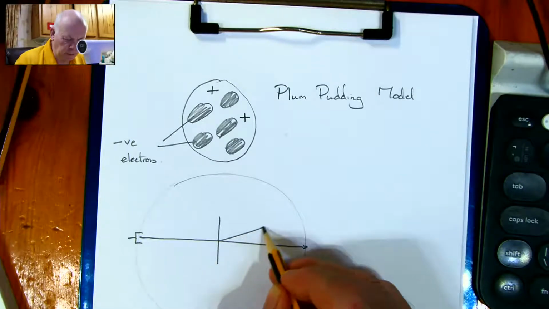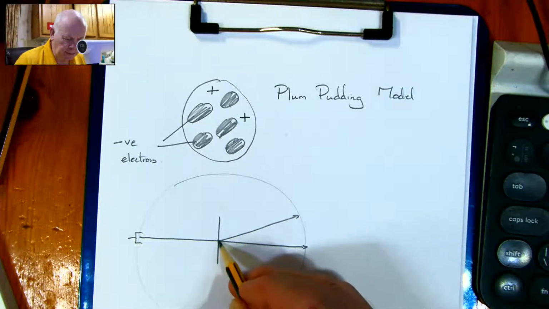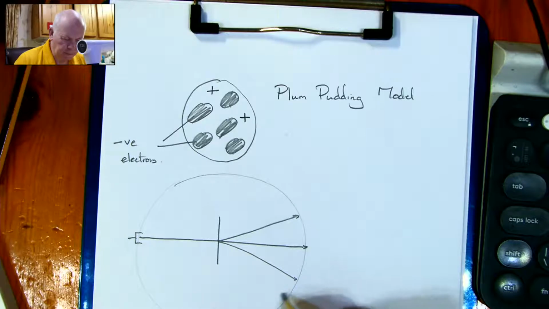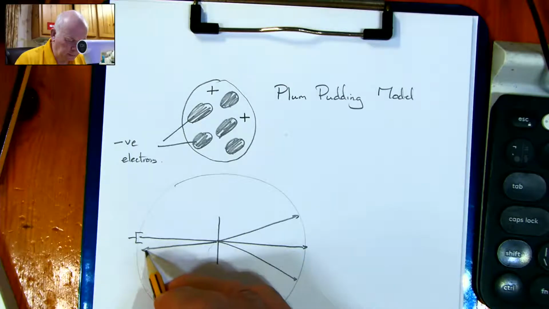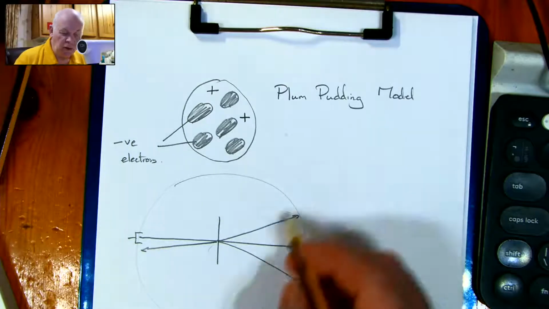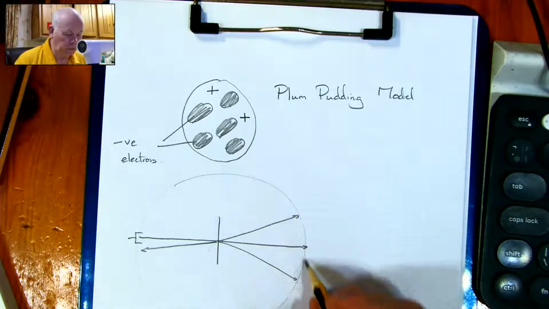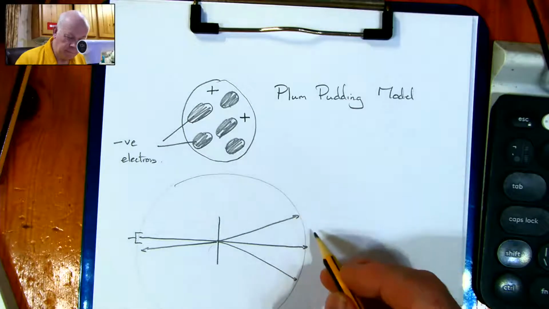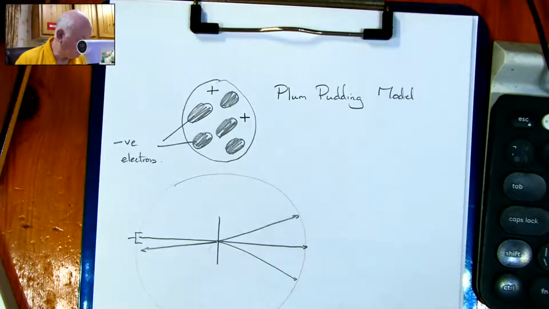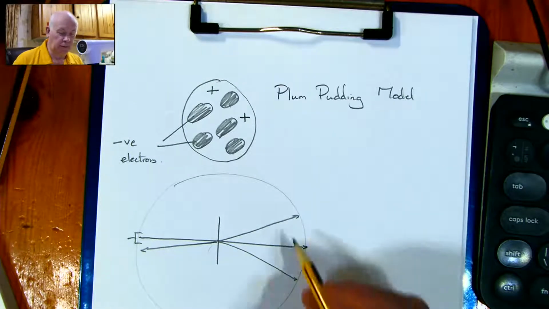A few got deflected either side, and occasionally some came back. Geiger was lazy. He didn't like watching this little screen all the time, so he invented a machine to try and help him do this. And that later came to be called a Geiger counter.